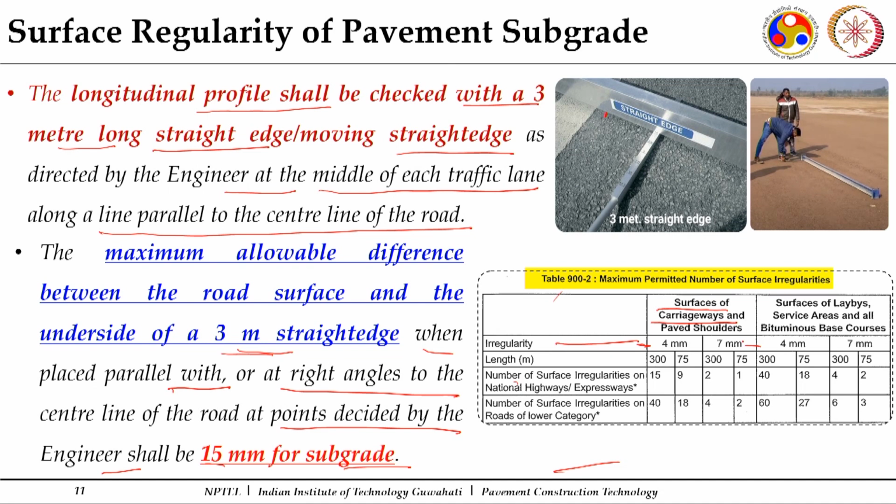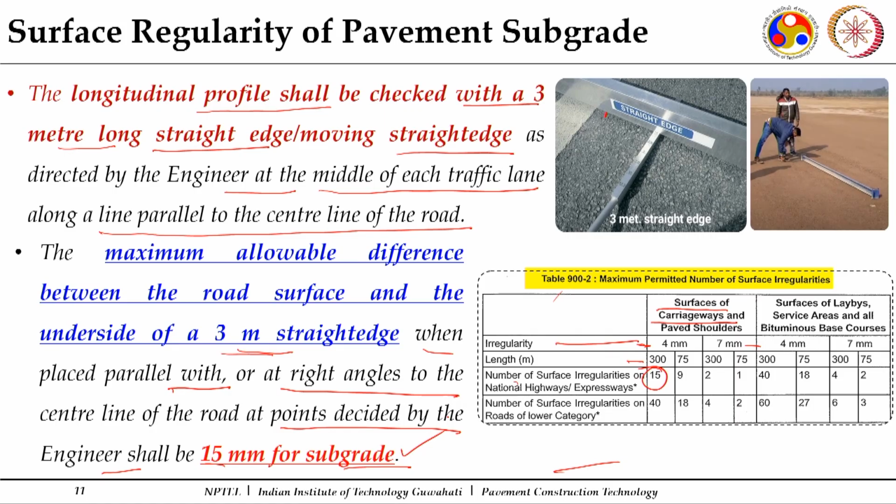And how is it to be retained? It says a 4 mm irregularity in a length of 300 meter. So, for national highways and expressways, if you want to achieve that much smoothness, it needs to be controlled from the level of the subgrade itself. So, there we are making a control of 15 mm at the subgrade.